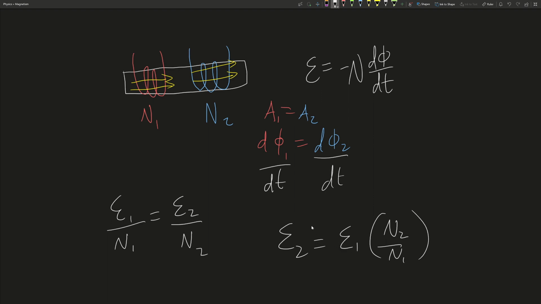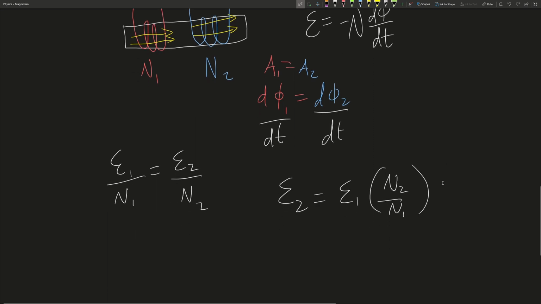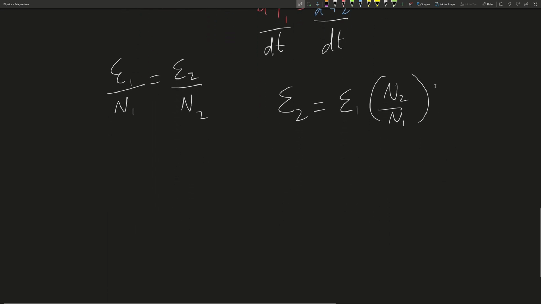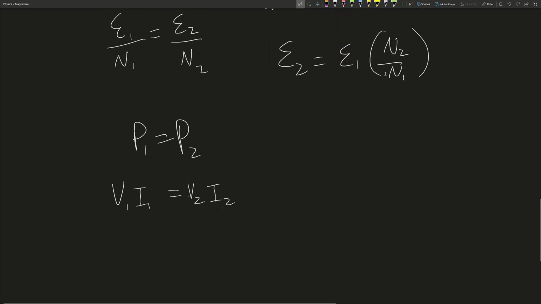Now this seems to be violating the conservation of energy, but we know that we cannot violate the conservation of energy, so we know that the power in is going to be equal to the power out. Power is equal to voltage times current, so V1 times I1 is equal to V2 times I2, which means that V1 over V2 is equal to I2 over I1.